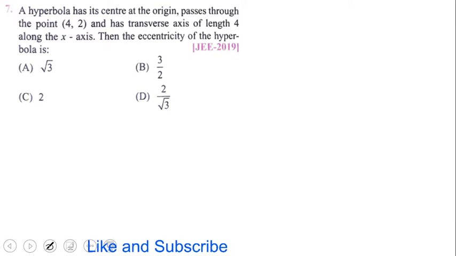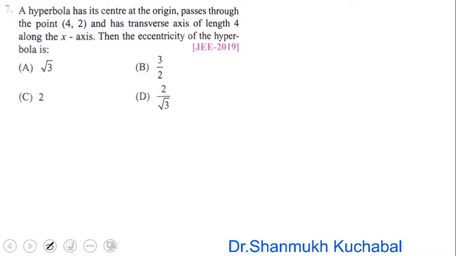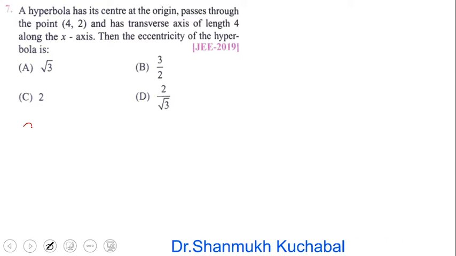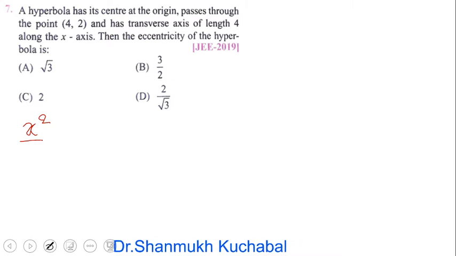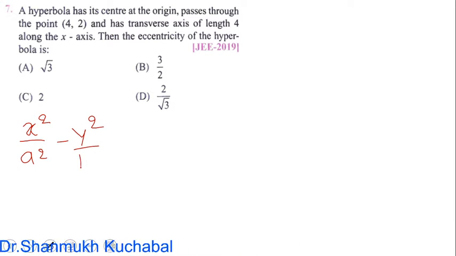A hyperbola has its center at the origin. So the origin is the center, and it passes through the point 4 comma 2. Then I write the standard equation as x square by a square minus y square by b square equal to 1.